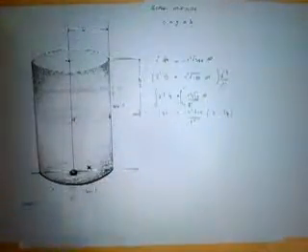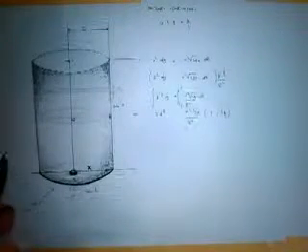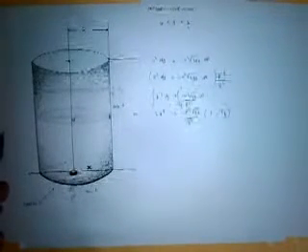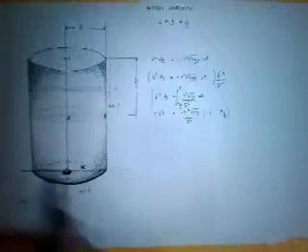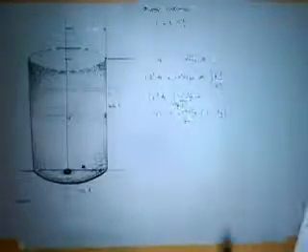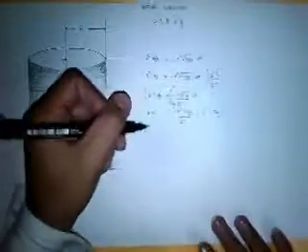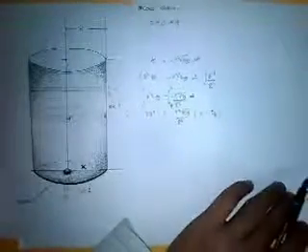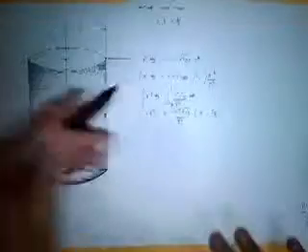But as you can remember, our value for time t of h over 2 is equal to this.